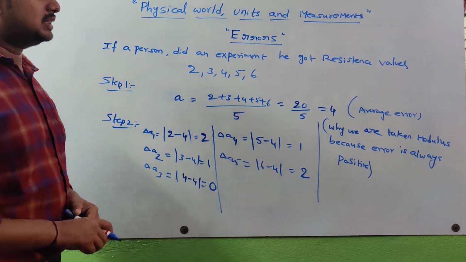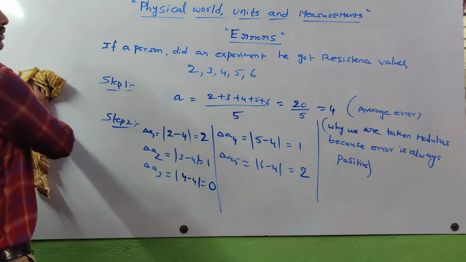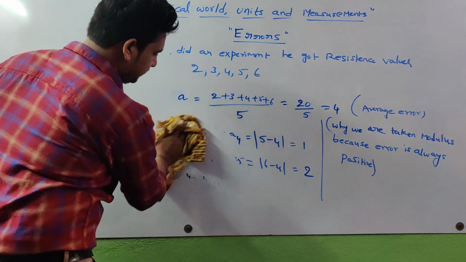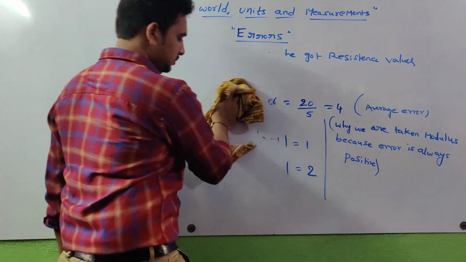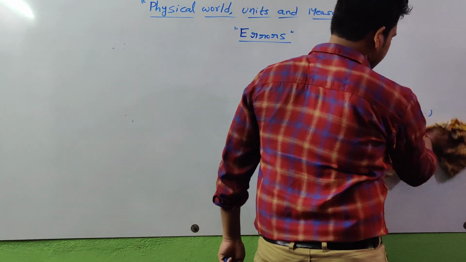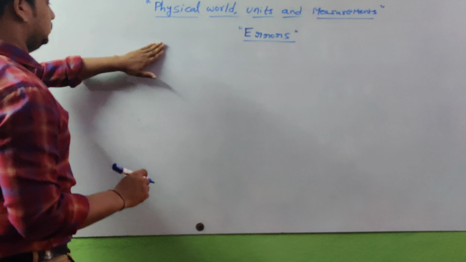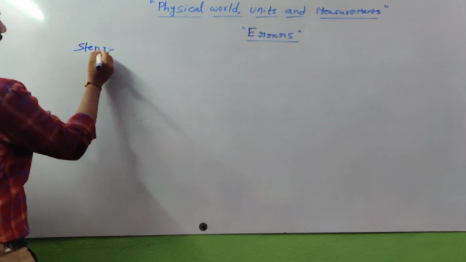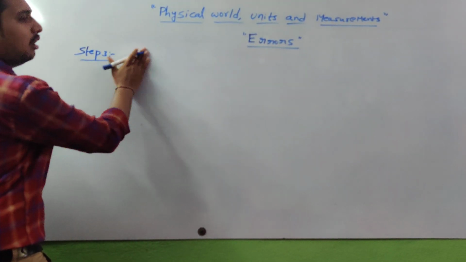So then what is the third step here? Step 3: again find the average of all the differences.